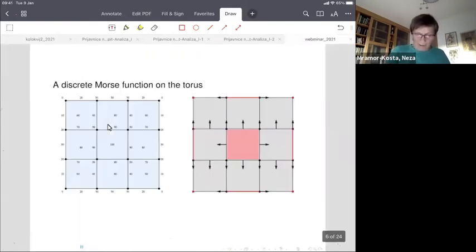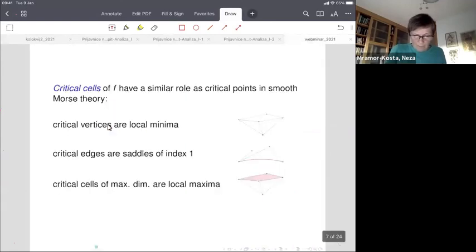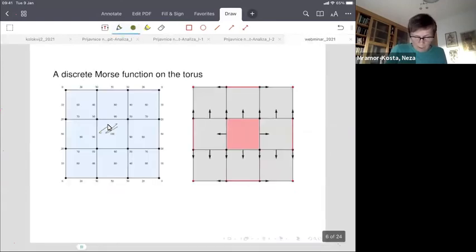So we have the values given on the cells. If you look at the values a little bit, you see that the highest possible value is over here in this 2-cell. So this is now a critical cell, because all the values on the faces are lower. And then we have these 2 critical edges.